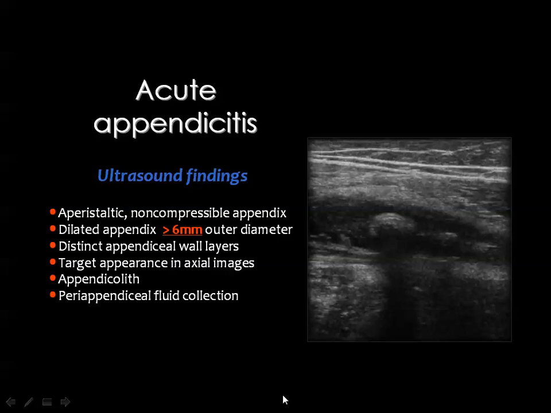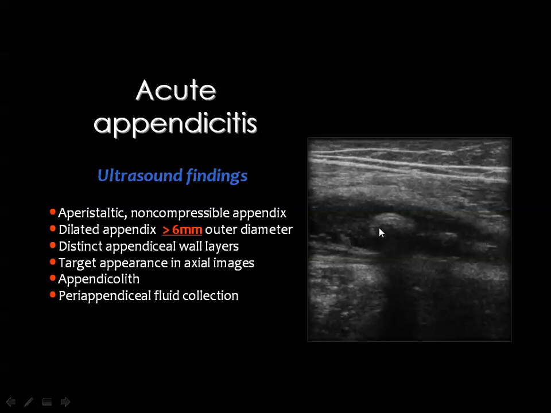This appendicolith is easily identified by ultrasound, and you see this is the appendix, which is dilated and the wall is thickened, and you see the appendicolith like a stone with posterior acoustic shadowing.